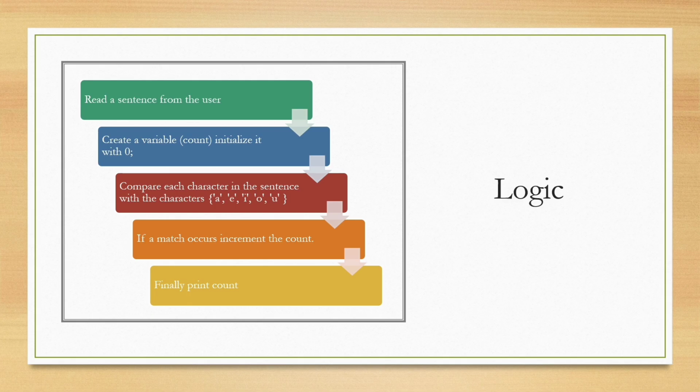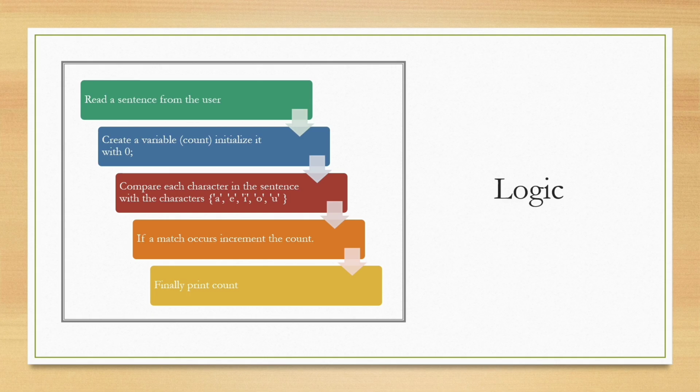Then we need to compare each character in the sentence with the characters a, e, i, o, u. These are the vowels, and we have to make the comparison. Once the comparison is done, we need to match. If the match occurs, we need to increase the count value by 1, and finally we need to print the count.